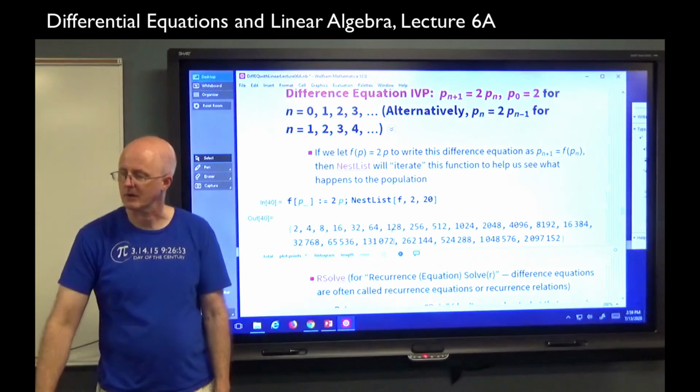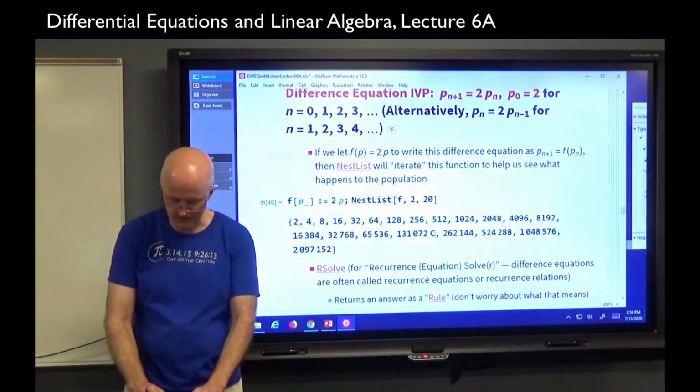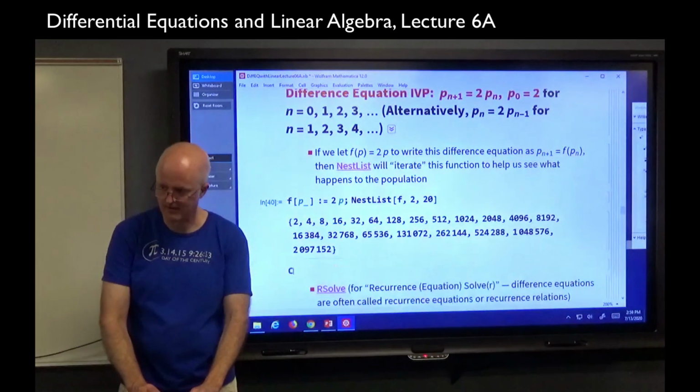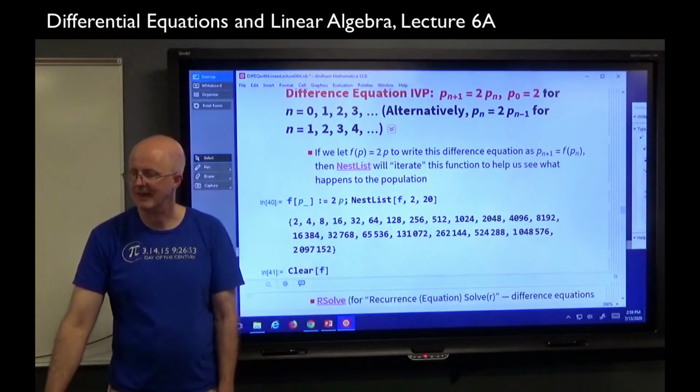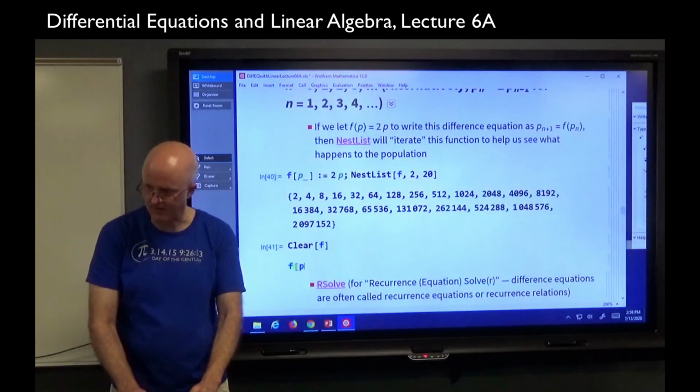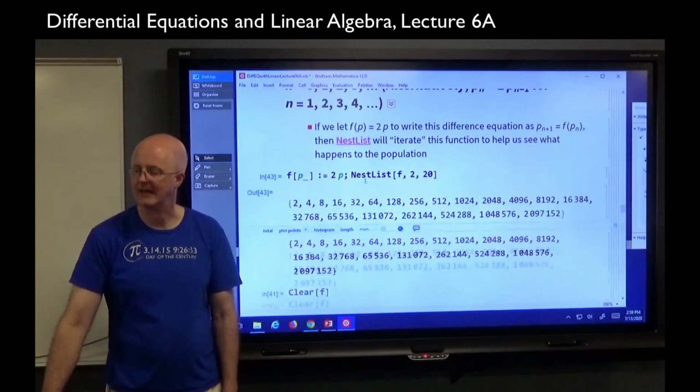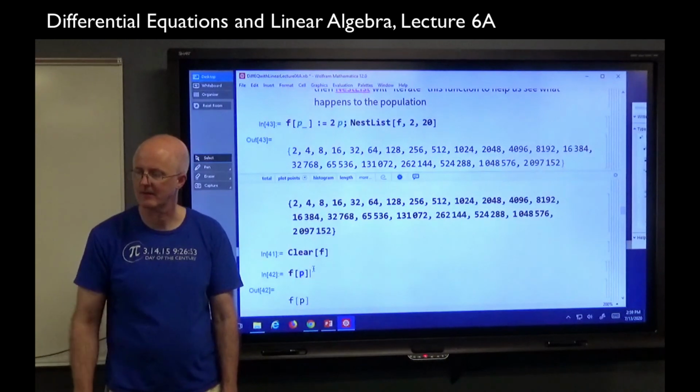I don't want to quit the kernel, though. I can clear the function f. If I make sure I'm on an input line like that, now f of p is not defined, but then I can re-enter this stuff. And now f is defined.